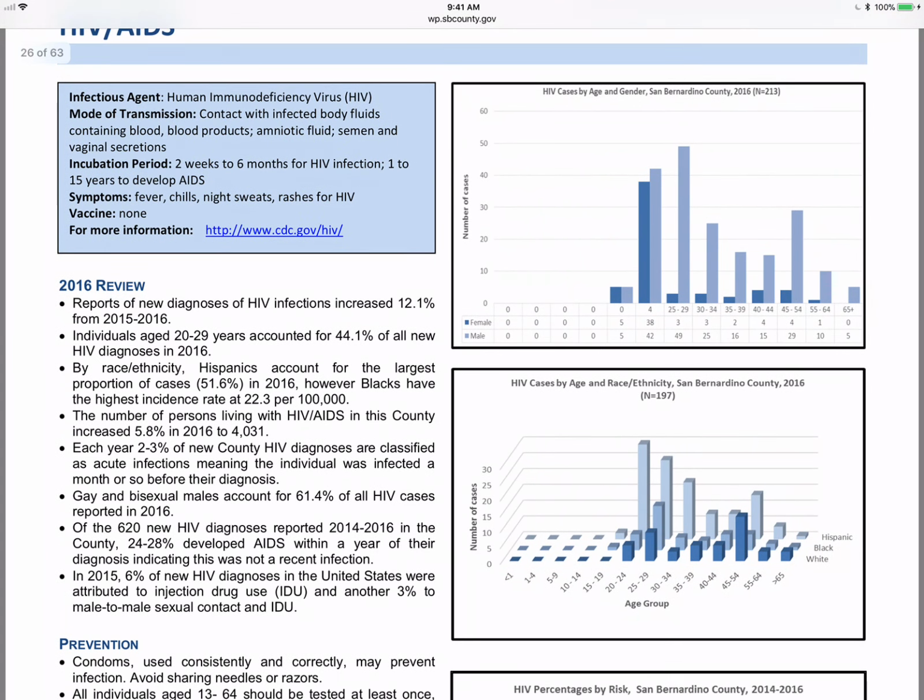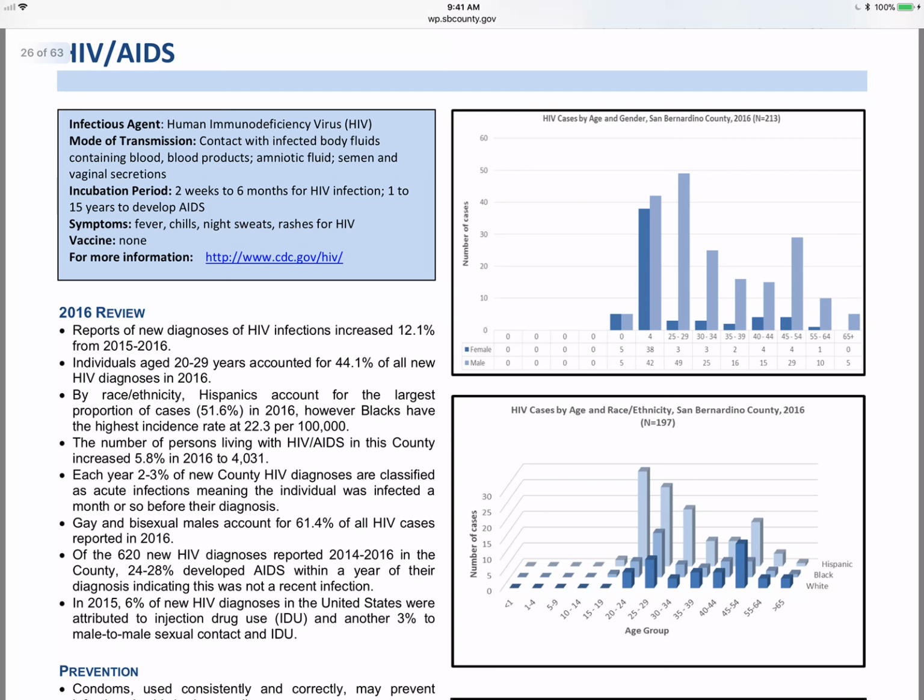And then here we have HIV/AIDS. You can see what age groups we tend to have more HIV and AIDS. You can also see that for females, and I see a little bit of an error on the x-axis here, it looks like those lower age groups, the numbers less than 1, 1 to 4, 5 to 9, 10 to 14, 15 to 19, and 20 to 24 have kind of gotten eliminated by accident.